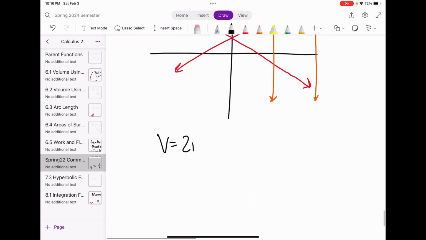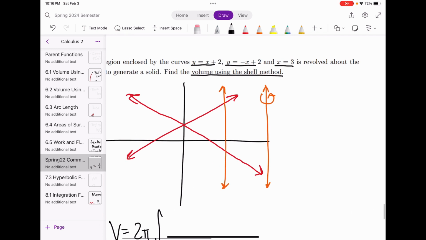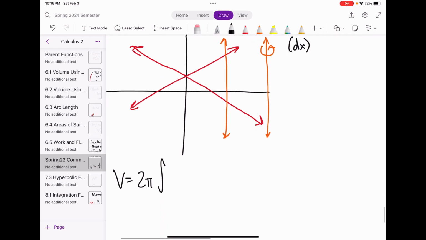So the shell method is pi. Oh, and this one is going to be our axis of rotation. Since it's vertical and parallel to the y-axis, we are going to be using dx for the shell method, and only for the shell method.